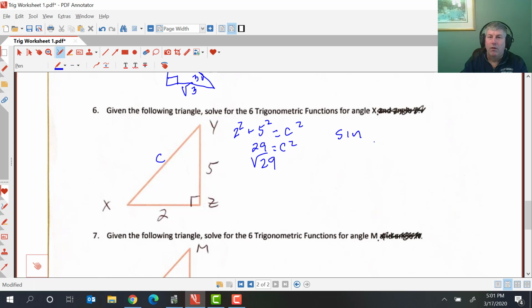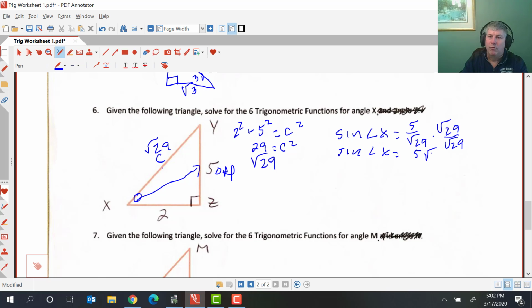For example, the sine of angle x, if we're working from here, angle x, our opposite is 5 and our hypotenuse is the square root of 29. So 5 over the square root of 29, and then we have to rationalize by multiplying top and bottom by the square root of 29. So the sine of angle x is 5 square root of 29 over 29.